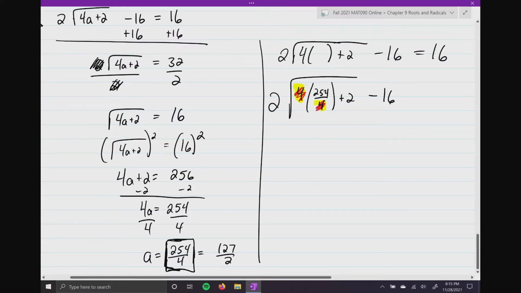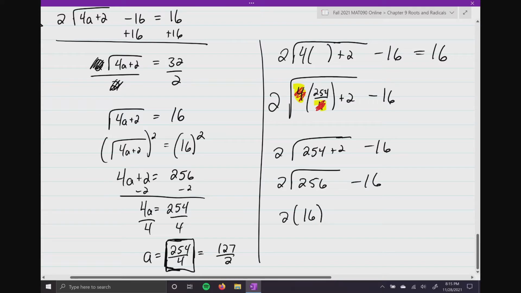So that's going to give me 2 times the square root of 254 plus 2 minus 16, which is 2 times the square root of 256 minus 16. Now, the square root of 256 is 16 minus 16. 2 times 16 is 32 minus 16, and 32 minus 16 equals 16.